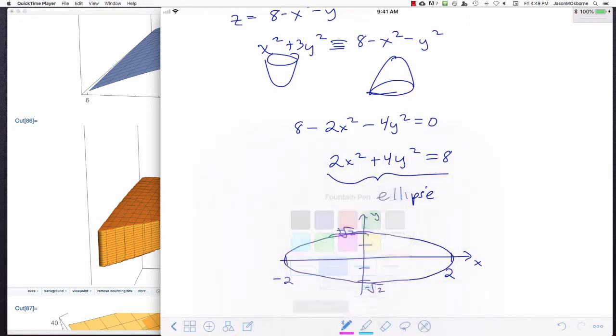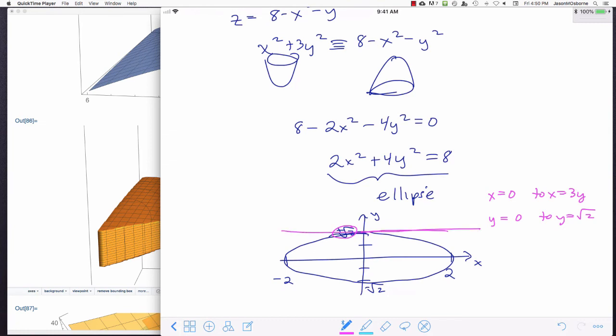And therefore, when we were integrating with x going from 0 to x equal to 3y, and y going from 0 to y equal to the square root of 2, there's your positive square root of 2. So here's y equal to the square root of 2.